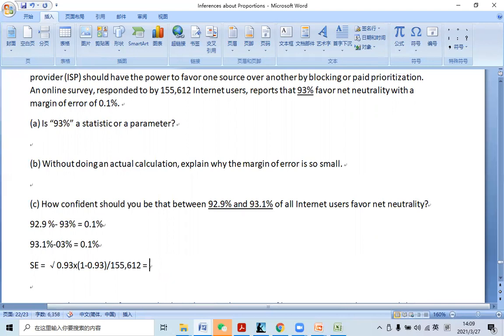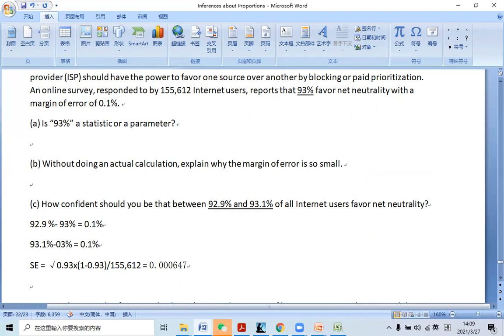That is 0.00067. This should be one more 0. Yeah. So here, that's a standard error of the mean.